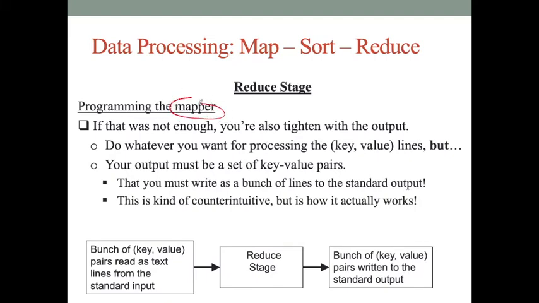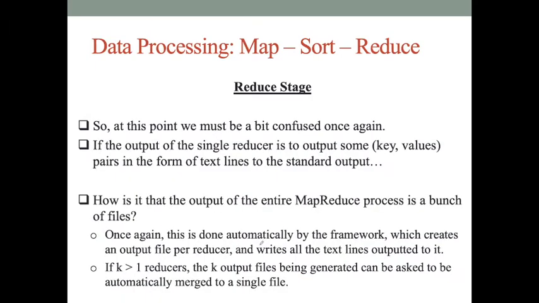So this is programming the reducers. Again, the input is going to be a set of key values, and the output is going to be a set of key values, and in between we are processing all that information.